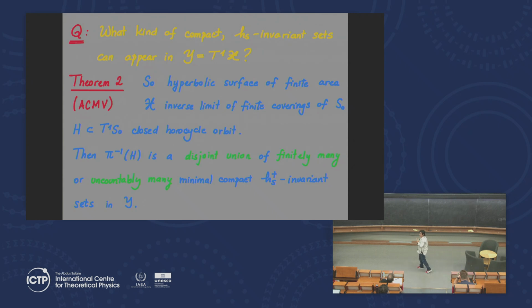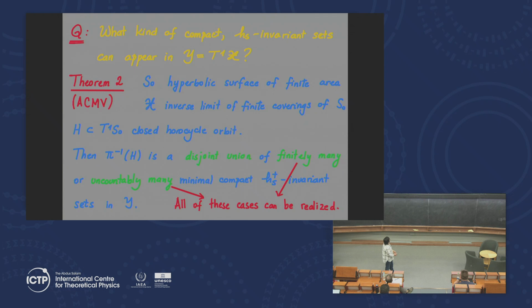So every orbit closure for the horocycle flow, unless the orbit is dense, is a minimal set. And then this union of minimal sets can be a finite union or an uncountable union. And that's what you get. So all these cases can be realized.